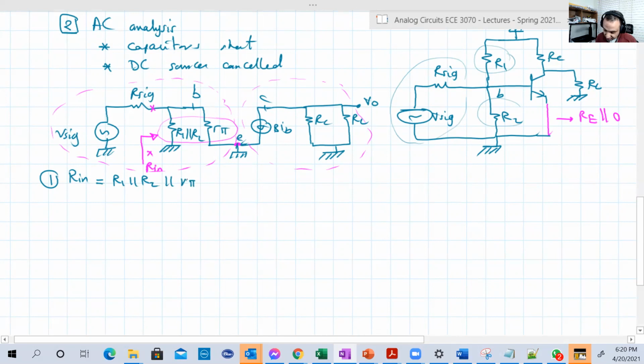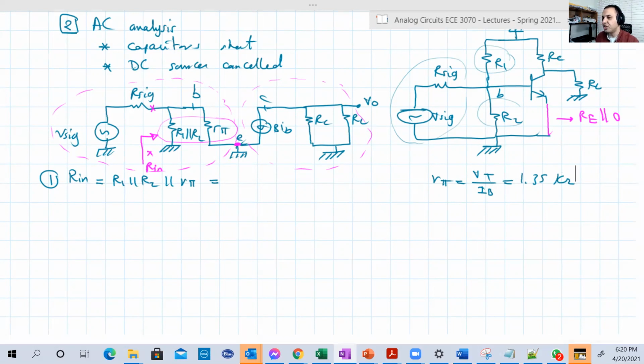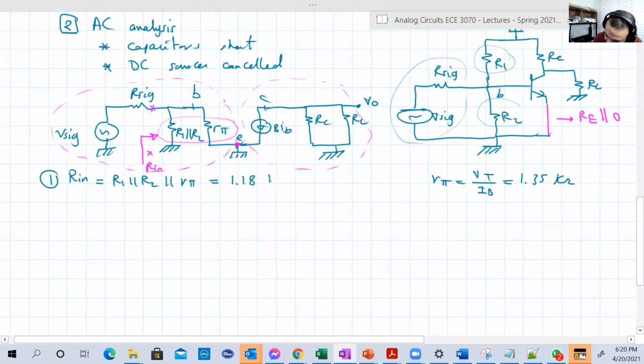Okay. We forgot to determine R pi. So R pi is VT over IB. We know both. So R pi was 1.35 kilo ohms. We know R1, we know R2, it's given. So this combination will give us, let's check this, 1.18 kilo ohms.